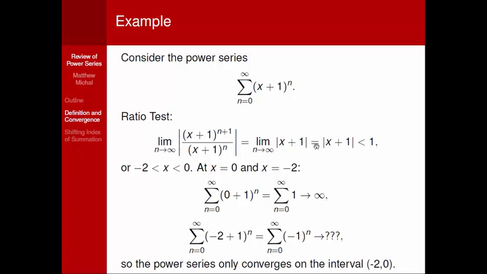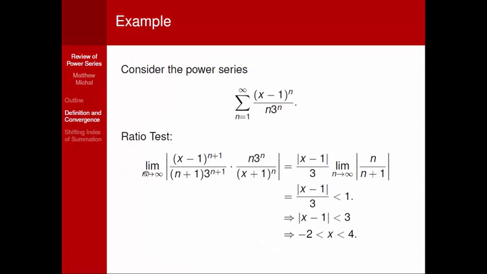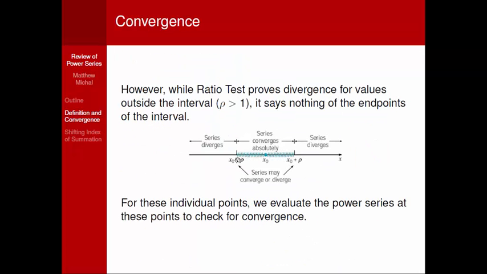And so the question is when is this absolute value of x plus 1 less than 1? Well, we return back to your pre-calc days, and this is the interval from -2 to 0. So inside this range from -2 to 0, we have absolute convergence.